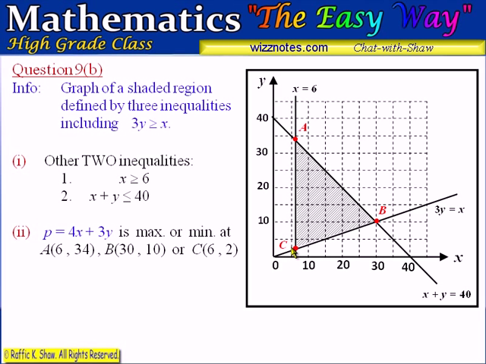And if we wanted to calculate maximum values, we would have to go to either A or B, and analyze each one to see which would give us the maximum, because A has a higher y value than B, but B has a higher x value than A. So it would be safe to analyze both A and B. In any case, the vertices are the points on the shaded region where we go to find our maximum or minimum value of the function P. So that's the answer for part 2.